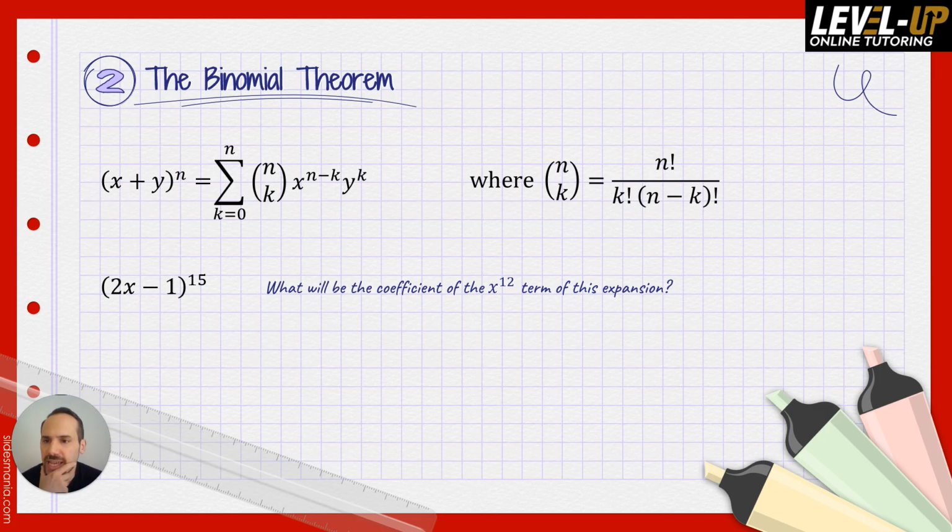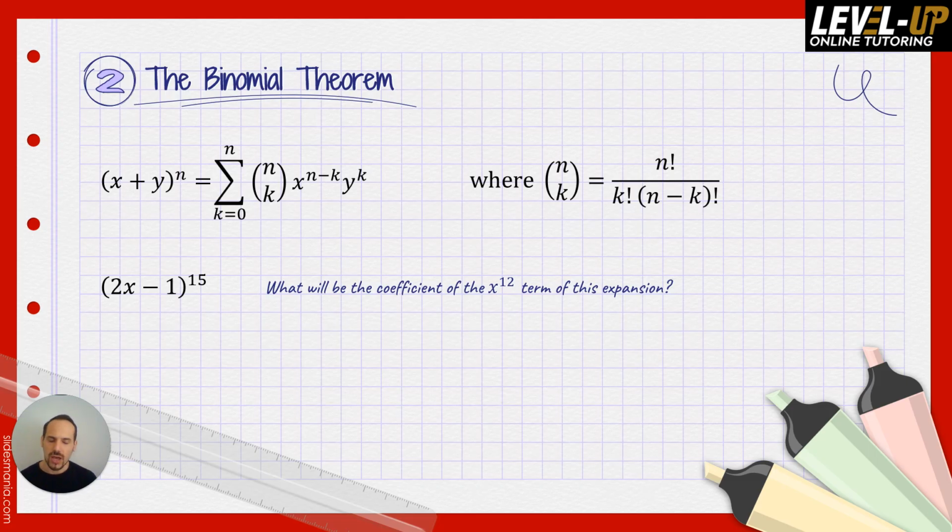Well, looking at this formula here, you see the first term is going to be taken to the power n minus k. The second term is taken to the power k. In this case, the first term is the one that contains the x. We've got 2x there. So 2x is going to be taken to the power n minus k in each term. So, okay, we think what value of k will produce a power of 12?